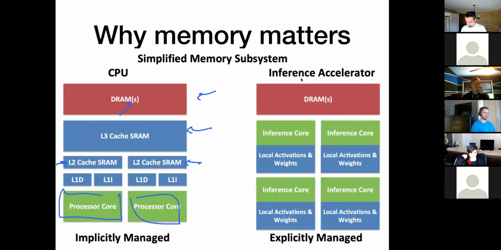And that's why some new types of accelerators, specifically for inference, have this locality feature: each inference core has integrated local memory to store activations and weights locally for each core. So these are explicitly managed, essentially.